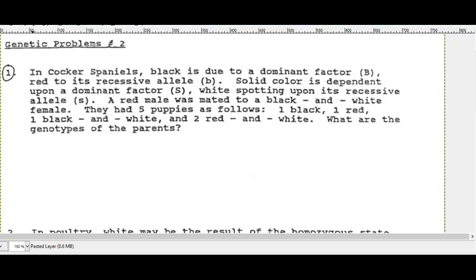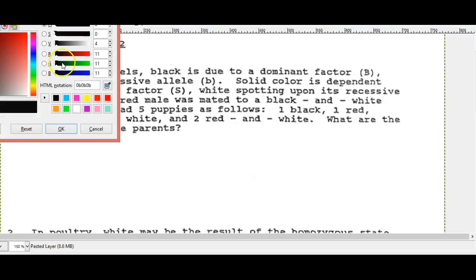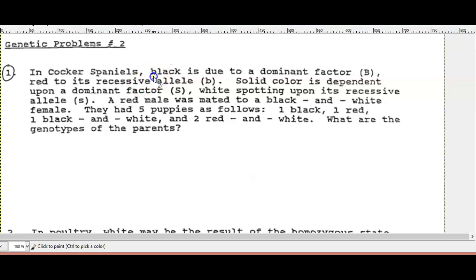Now let's go to the second page of the genetic handout that we were working on for the last video. And we're going to now start to do dihybrids. So here we're going to be looking at Cocker Spaniels. In this case, black is dominant.